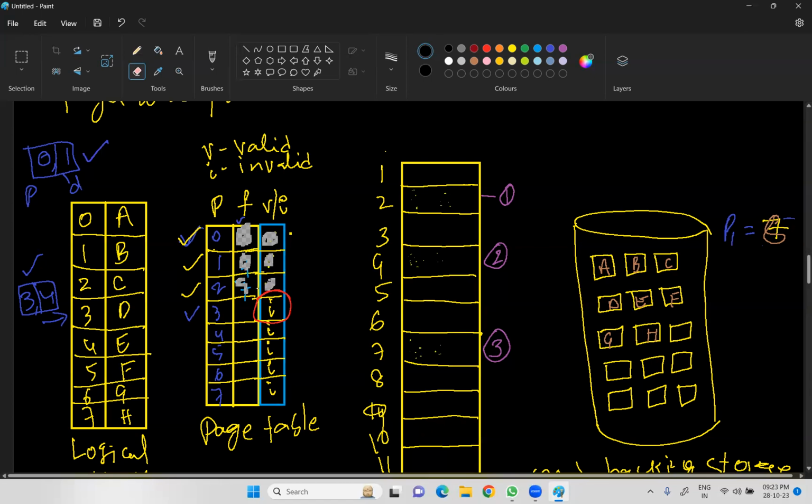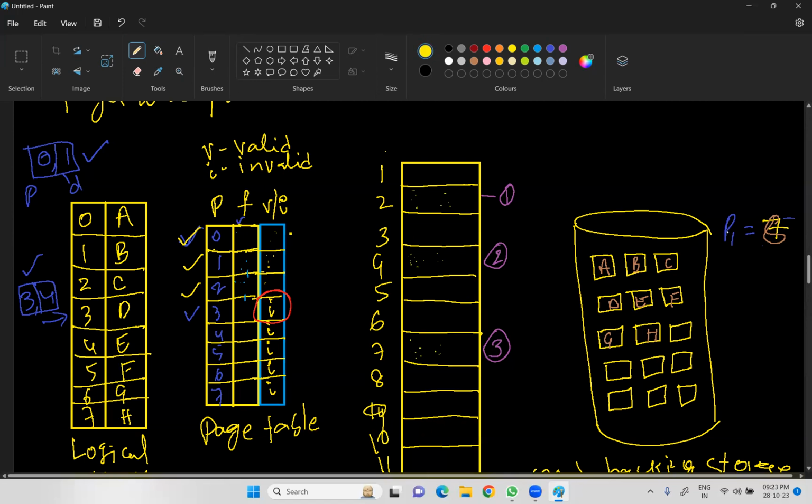This is also set to invalid. Look at this, everything is so empty. I'm talking about page fault, and swapping also. I'm talking about these two.